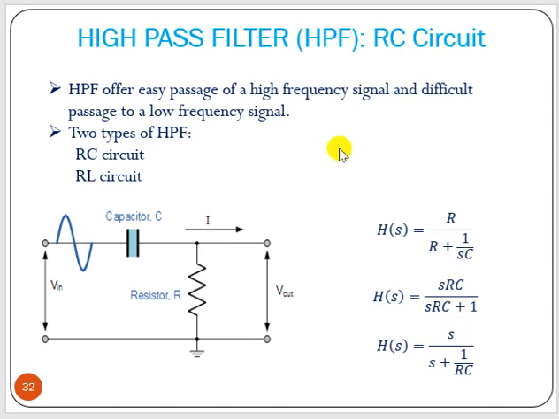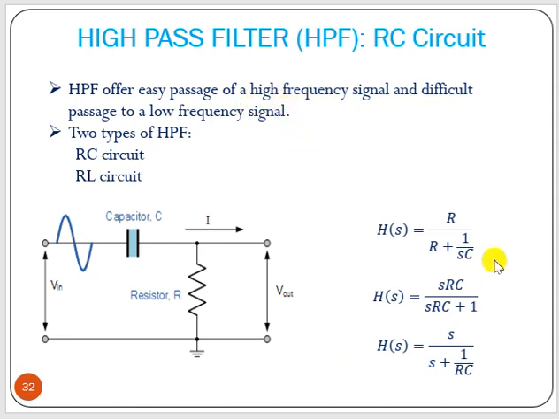That means at omega equal to 0, transfer function is 0, so output is 0, and it will increase after that and reach some maximum value. For low pass filter it is 0 at infinity.